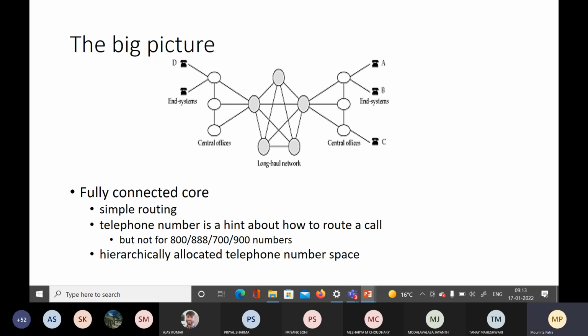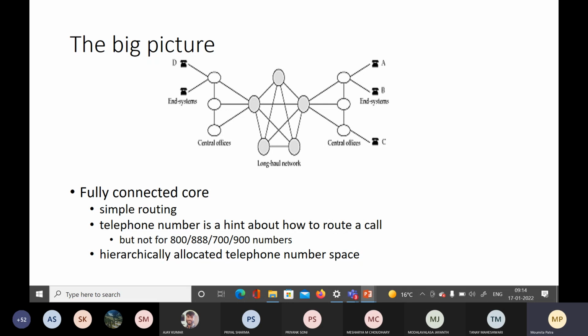As I already told you, the number itself tells how the phone call should be routed, and this entire telephone number space is hierarchically allocated, right? So you have the ISD part, you have the STD part, then you have the local part, and finally the 4-digit identification that you get for your own telephone number at your house.